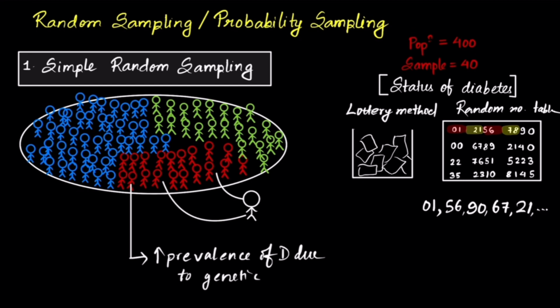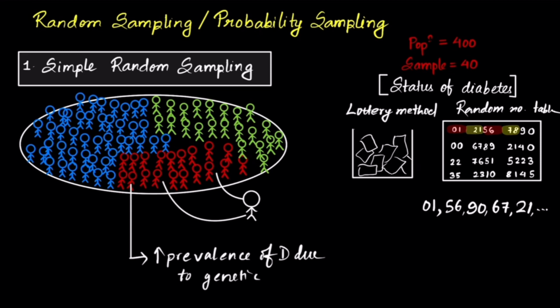There is still a possibility that a majority of these household numbers fall under the red locality. And if the majority of household numbers fall under the red locality, then after the survey the status of diabetes is going to come out to be higher in the community than it actually is.